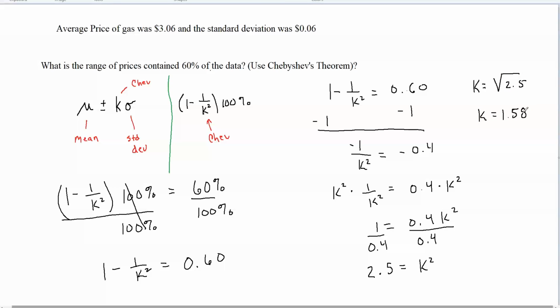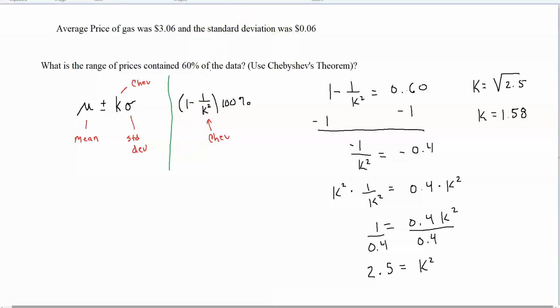Now, that just gives me the k. So now what I'm going to do is plug that into the left equation, if you will, and we'll be able to find out the range. So let me clear up a little space here. Okay, and so what I'm going to have here is the following. I'm going to take my mean, which is $3.06.